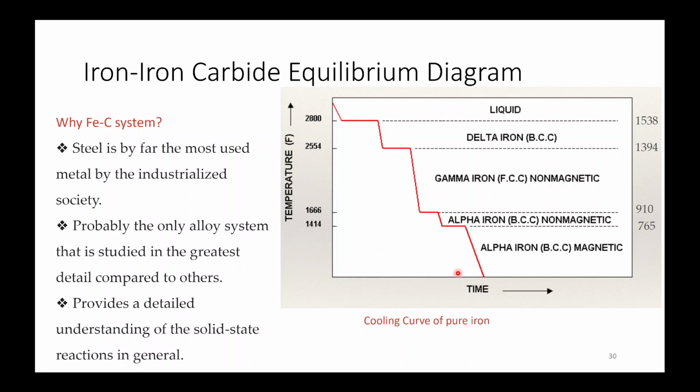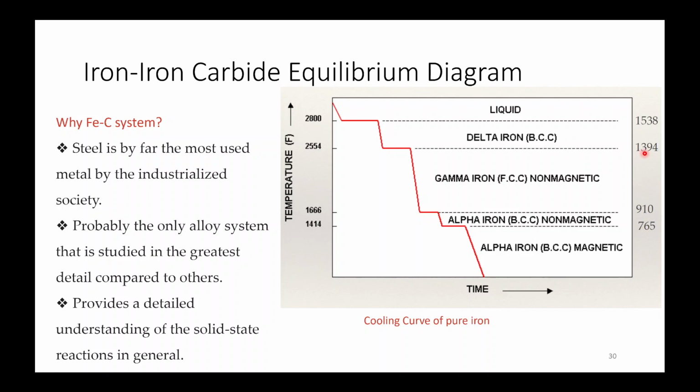Now this is your cooling curve for pure iron. When you cool your pure iron at 1538 degrees Celsius, your liquid will convert into delta iron, which will be BCC and non-magnetic.